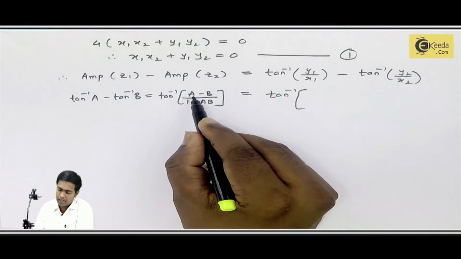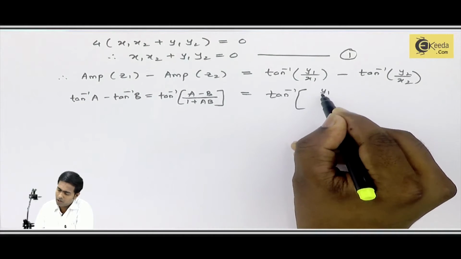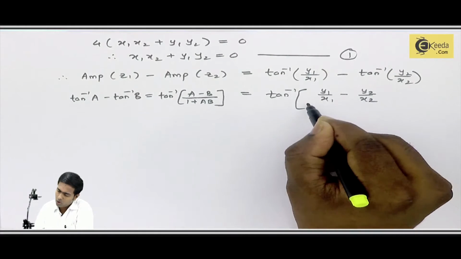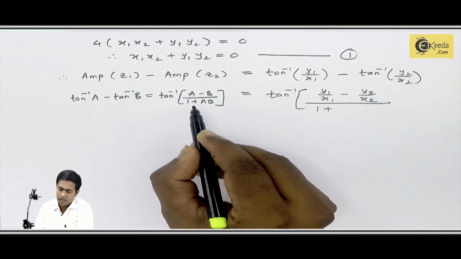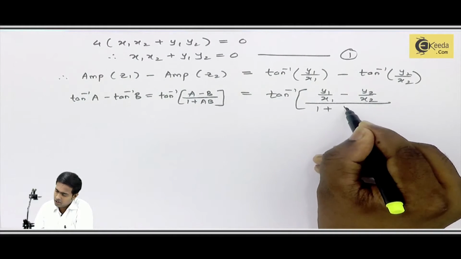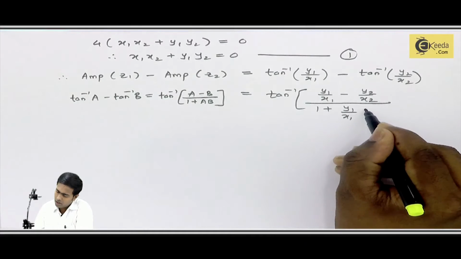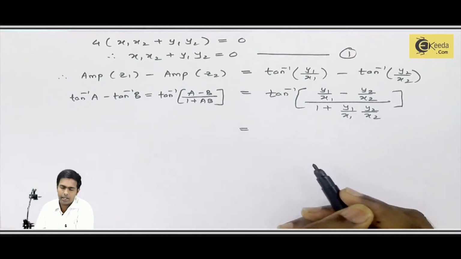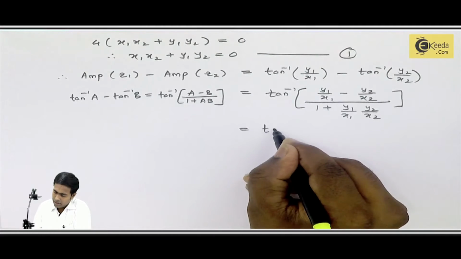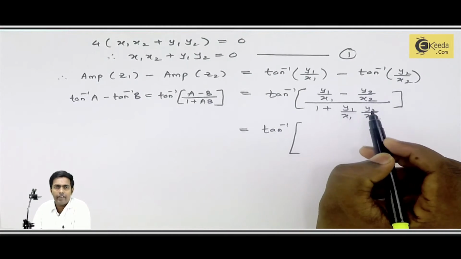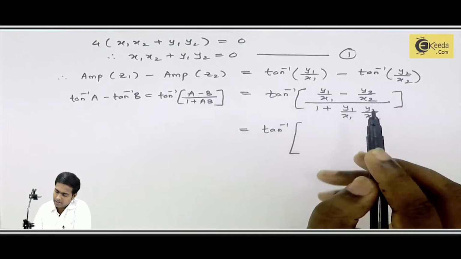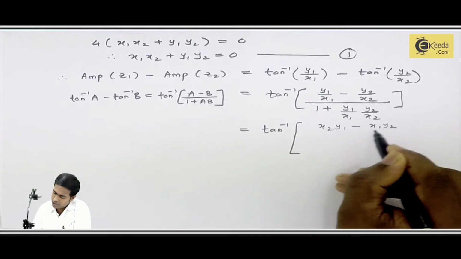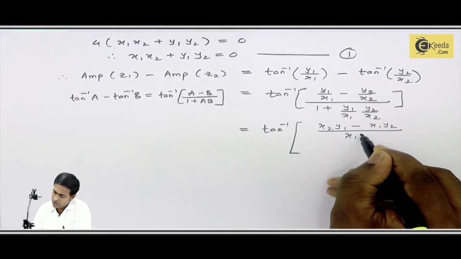So I will get a minus b, that is y1 upon x1 minus y2 upon x2 whole divided by 1 plus a into b. A is y1 upon x1 and b is y2 upon x2. Now next step, in the numerator I will take LCM and I will get x2 y1 minus x1 y2 upon x1 into x2.